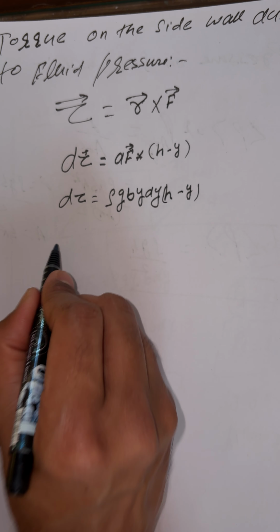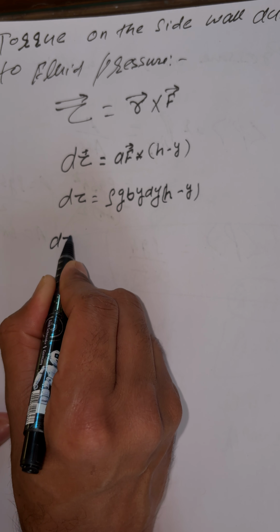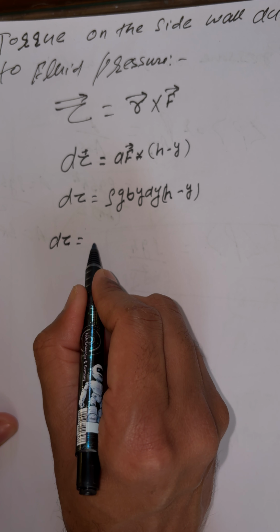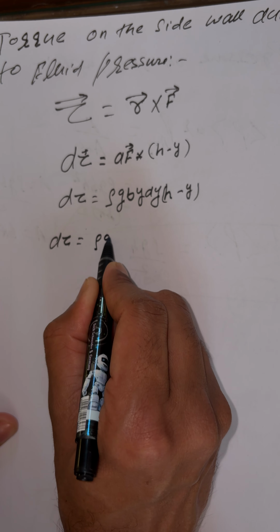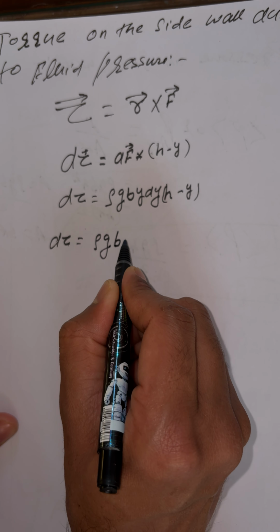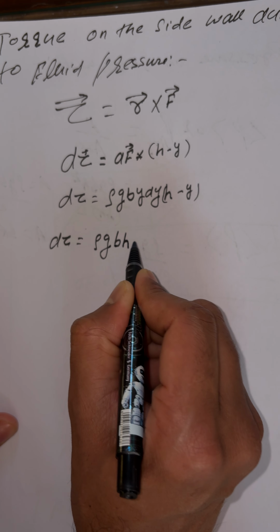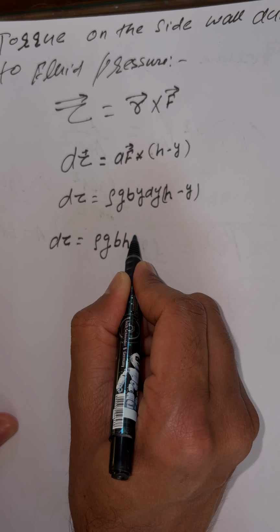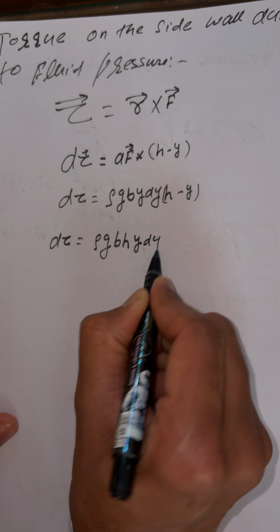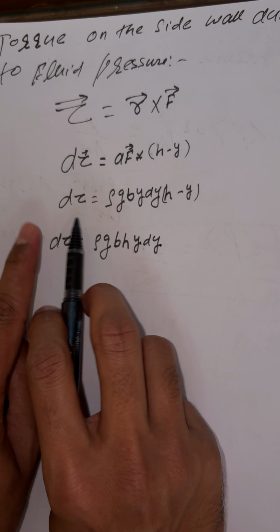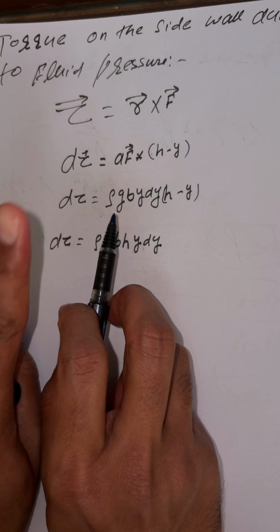Students, open the bracket. So this is d tau, my dear, rho g b h y dy minus rho g b y squared dy. Students, this is the expression for a small element, a single element.